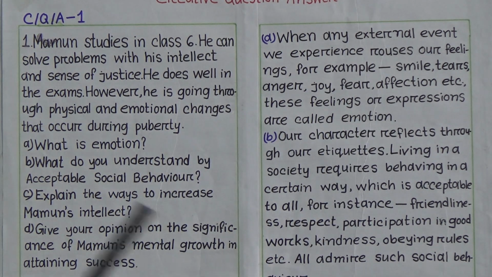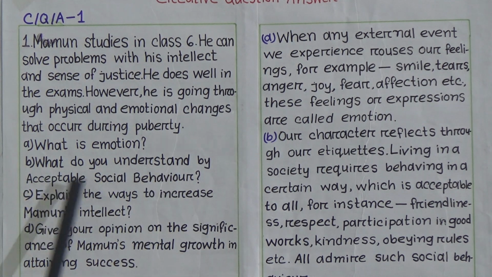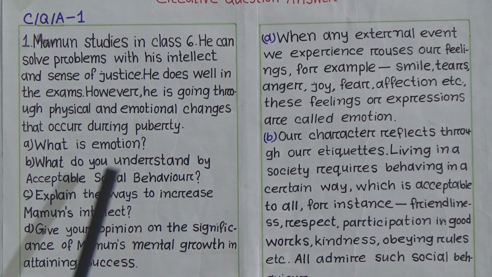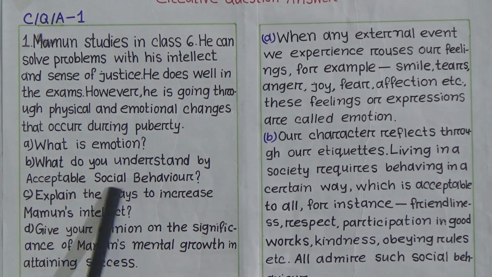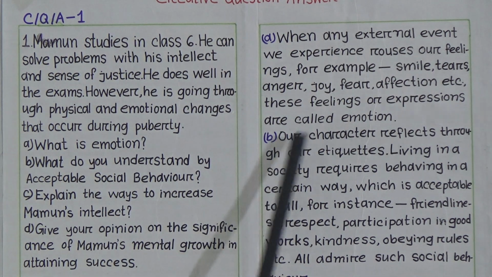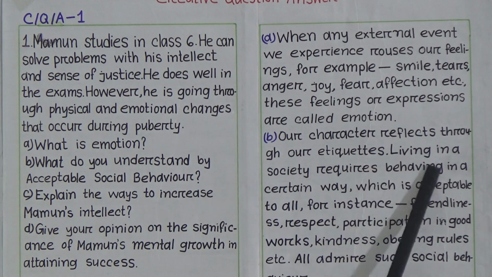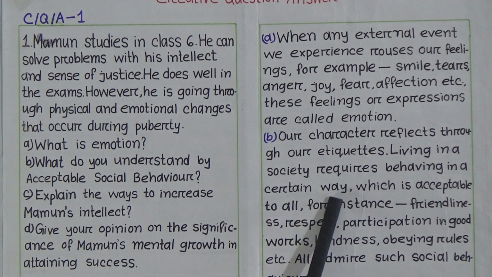Now come to number B. The question is, what do you understand by acceptable social behavior? The answer is, our character reflects through our etiquettes. Living in a society requires behaving in a certain way, which is acceptable to all.